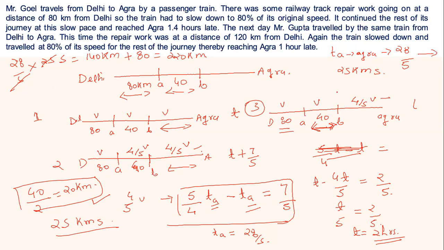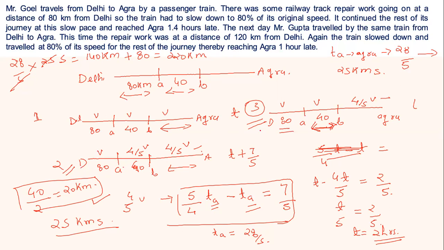Then the next step was I drew the diagram for the third day, when the repair work shifted to point B. I compared it with the diagram of the second day. I compared these two, and I see that only A to B is where the speed varies between the 2 days.